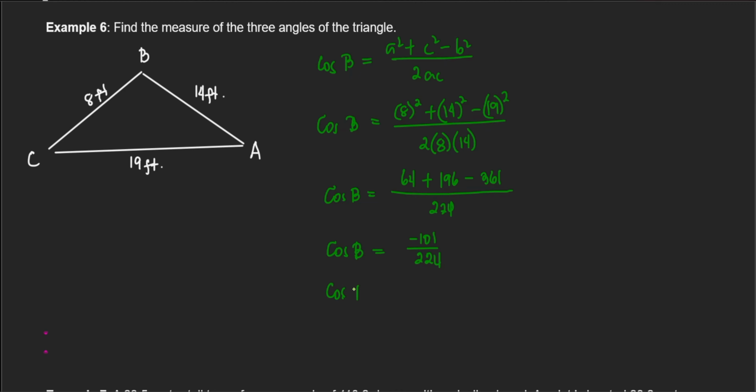So cos B is equal to negative 101 divided by 224, so that is negative 0.450892857.